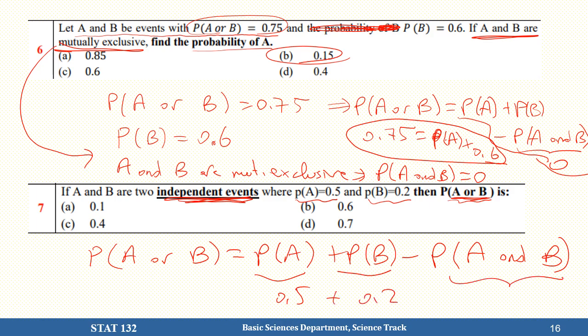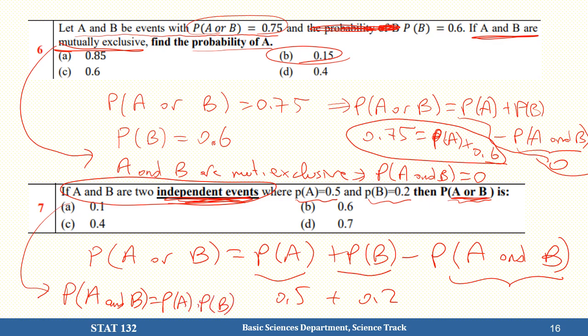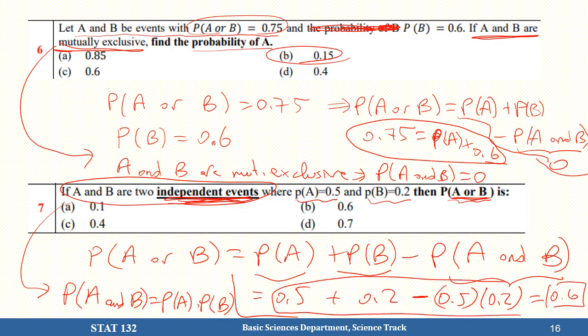We know A and B are independent events. So if they're independent, if you remember the multiplication rule, P(A and B) is equal to P(A) times P(B). So this part has to be 0.5 times 0.2. And if you do this calculation, you will end up with 0.6. So this one here is equal to 0.6.